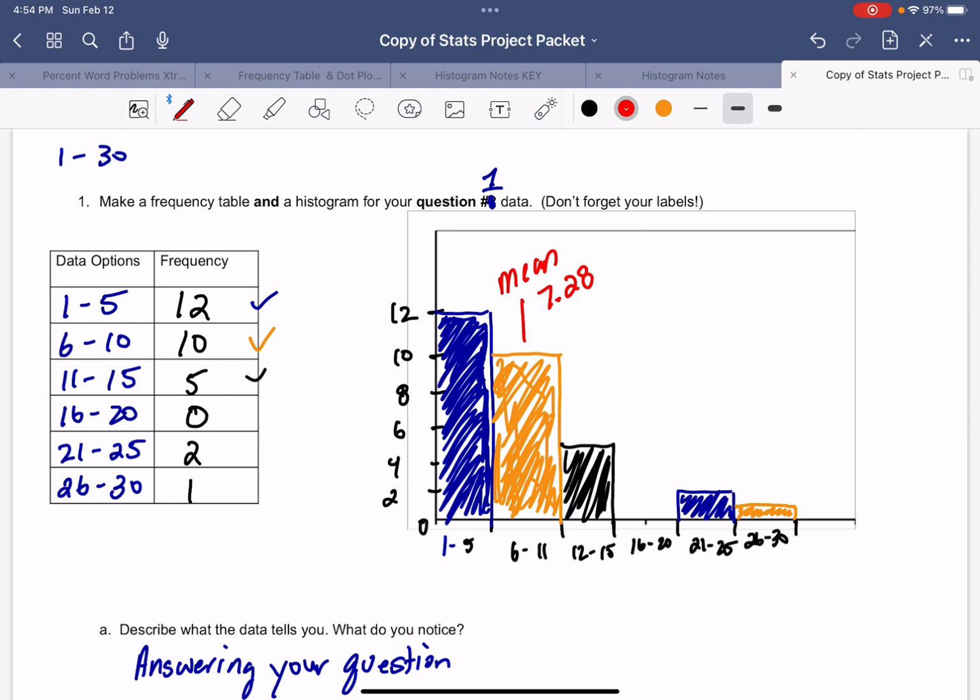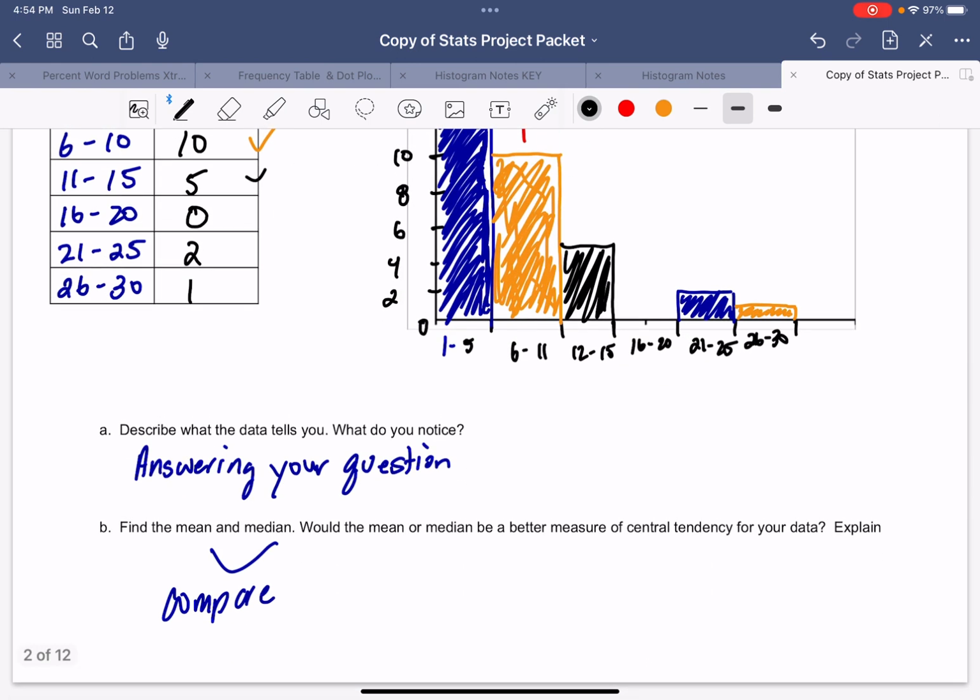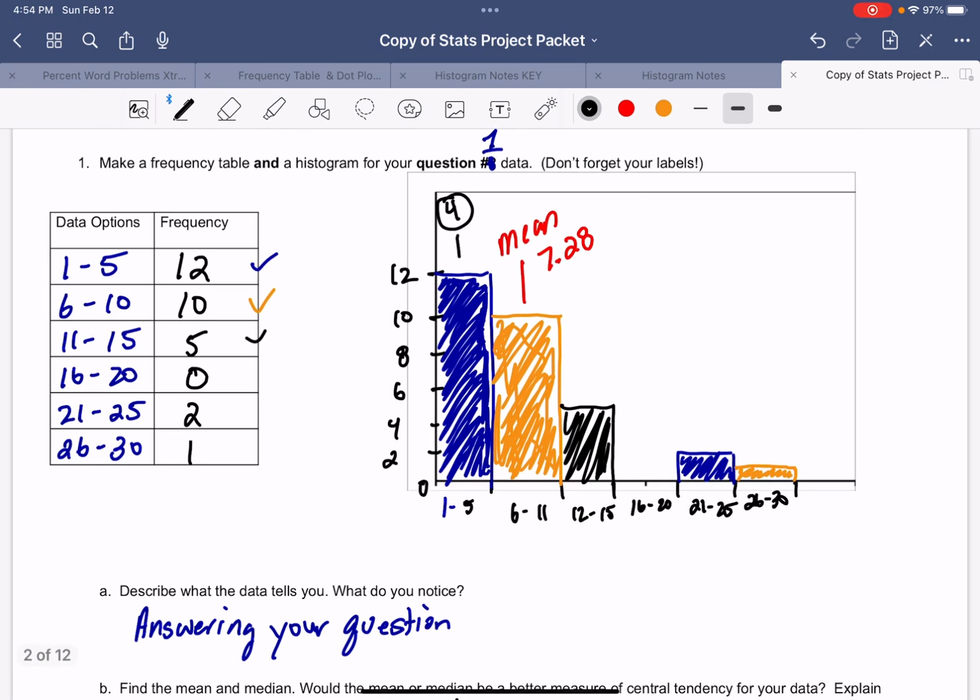But my median, my middle number, let's say my median is actually 4, okay? This is kind of a big difference, 4 and 7.28. Tell me what your mean is, 7.28. What's your median? 4. What tells me what's in the middle better?